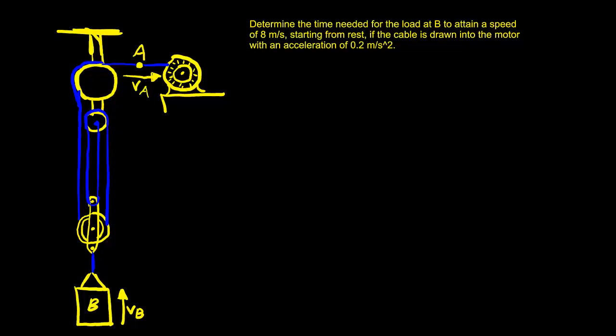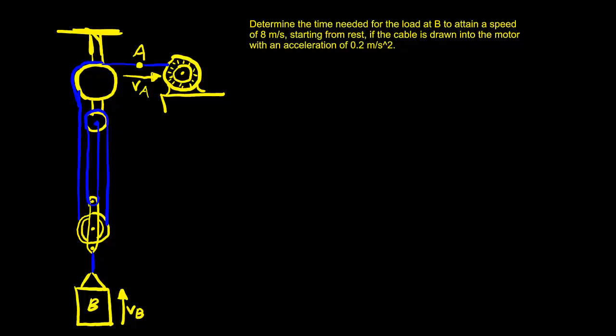So, here's a problem. It's a dynamics problem dealing with pulleys, motion and acceleration. Here we've got a motor hooked up to a series of pulleys. The motor has a velocity A that's pulling the cable in, and we have this block down here, B, that has a velocity going up.